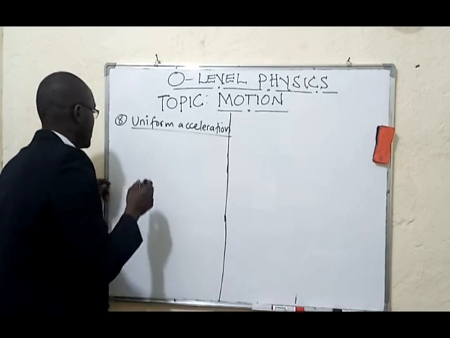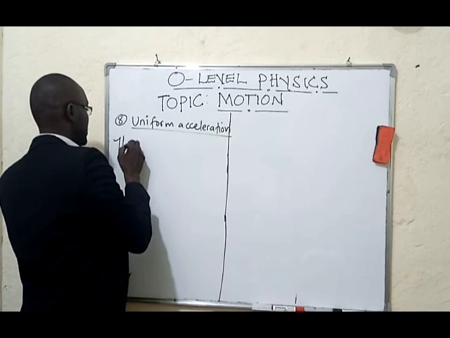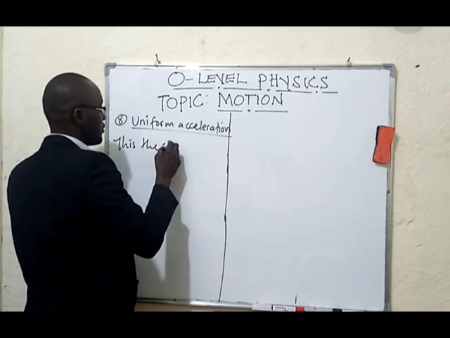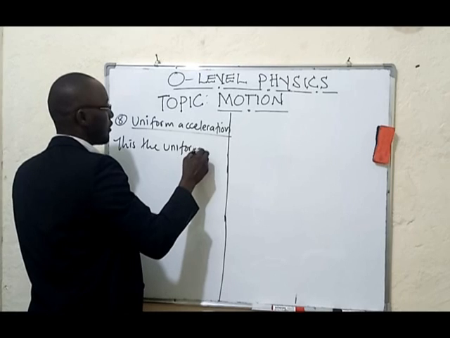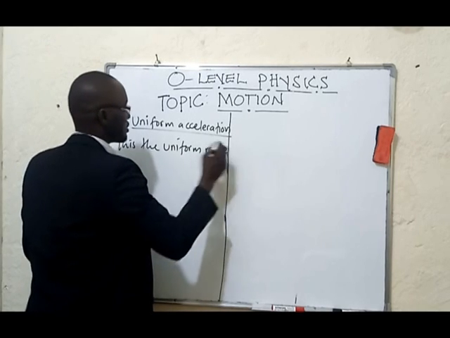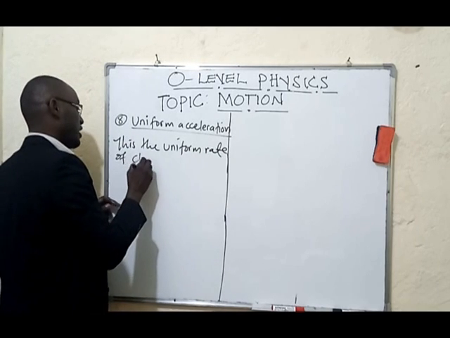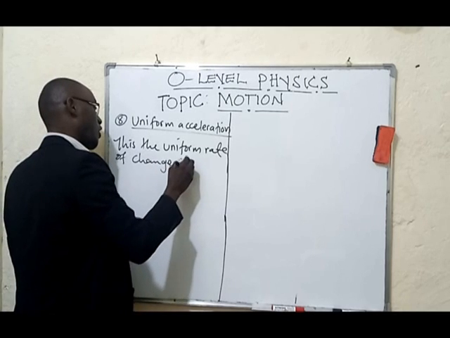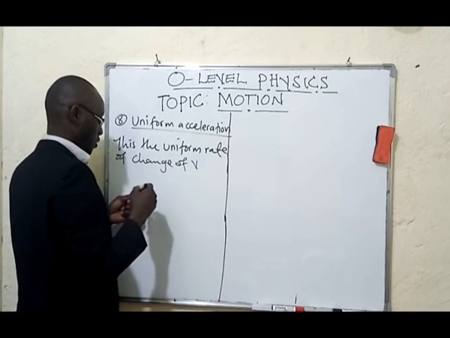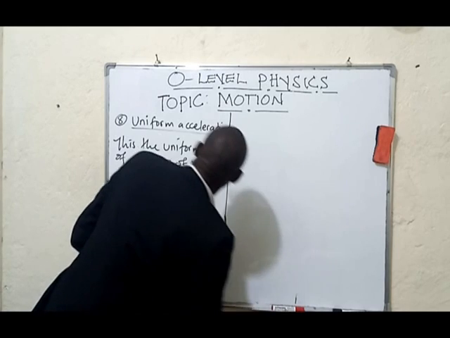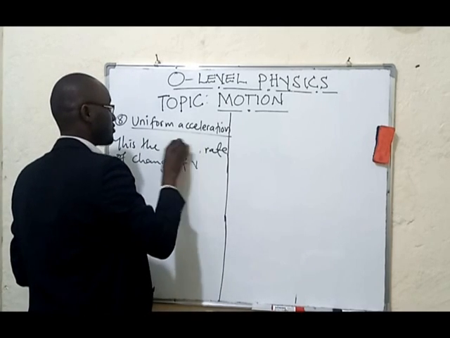So we can define it as the uniform rate of change of velocity. Oh, not uniform. We can use the word constant because uniform has already been used.